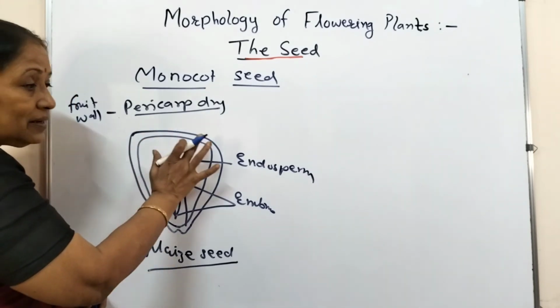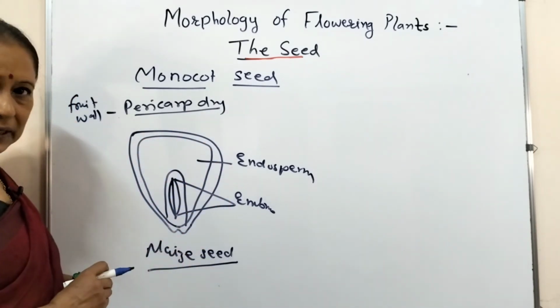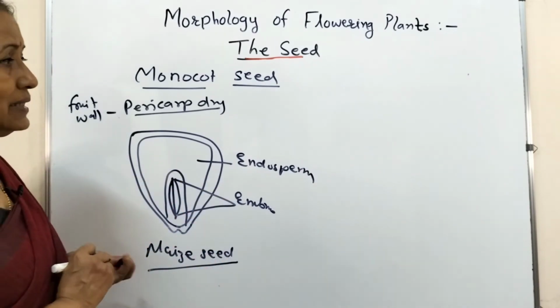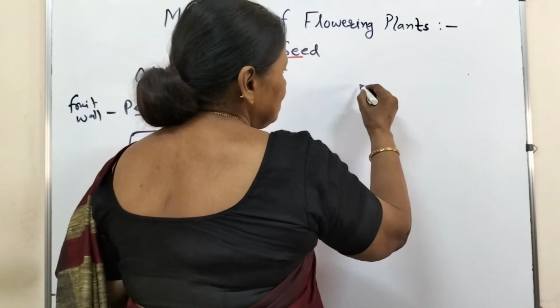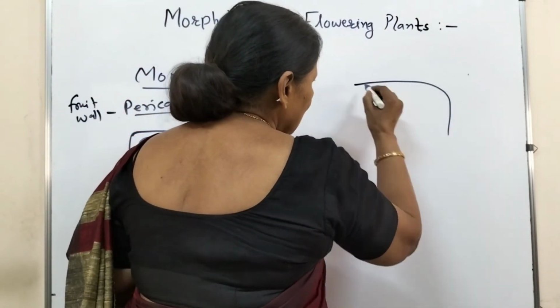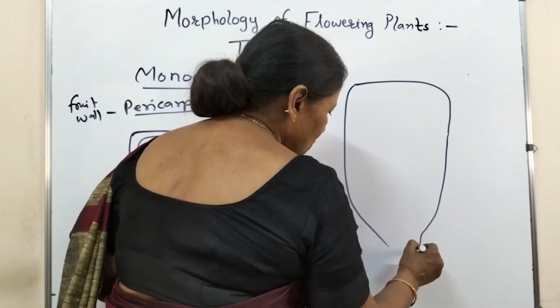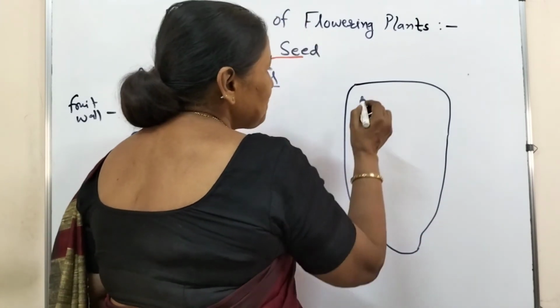That means this is a fruit enclosing a seed. Now we will see the detailed structure of this maize seed. What it has, this is the maize seed or the fruit as you may call it.